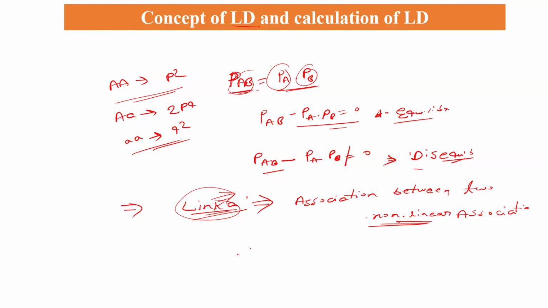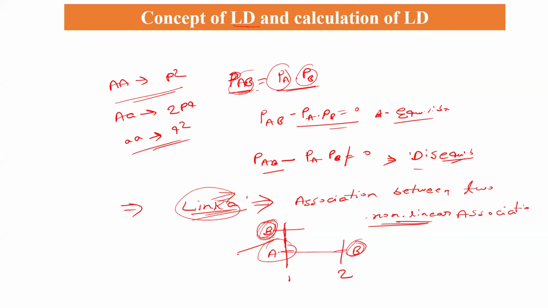Because if there are two chromosomes, A is here and B is there. Under a linkage condition, the two genes which are linked should be present in a single chromosome. But in linkage disequilibrium, they may be present in the same chromosome or a different chromosome, non-linear association.